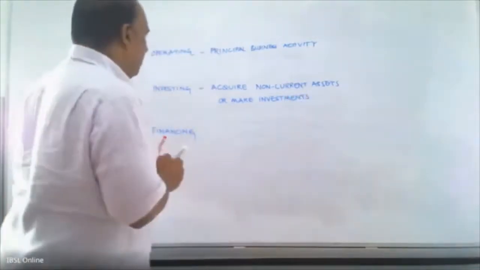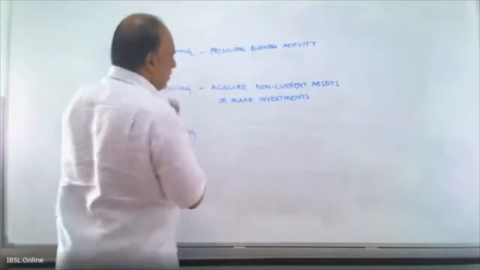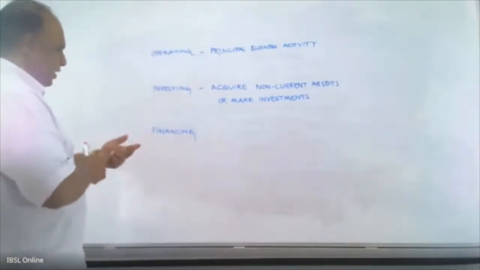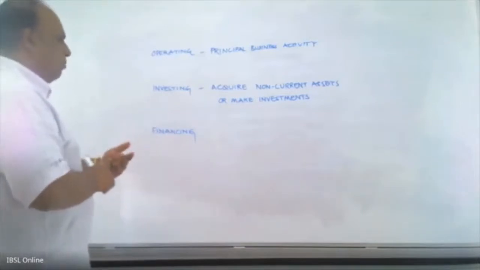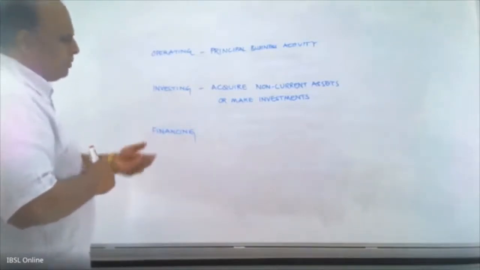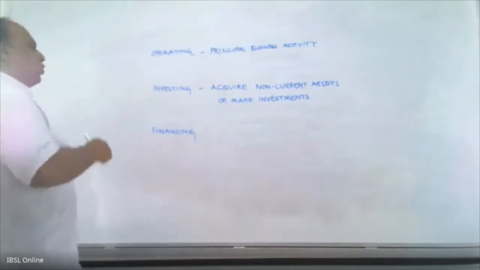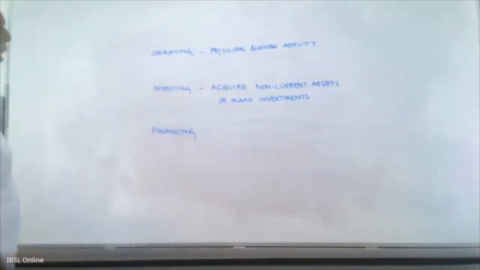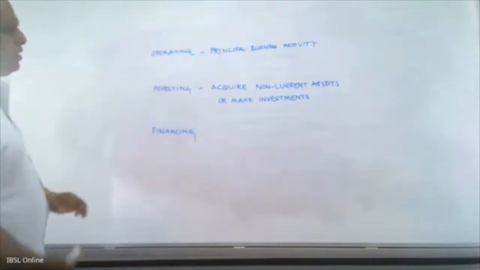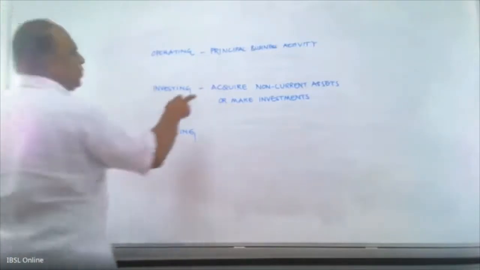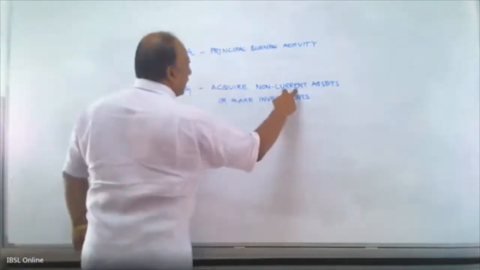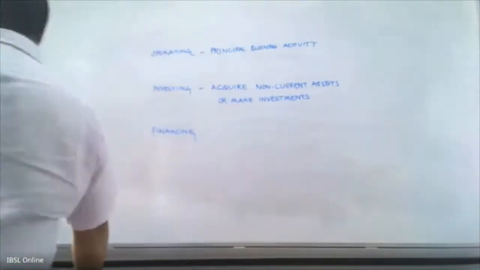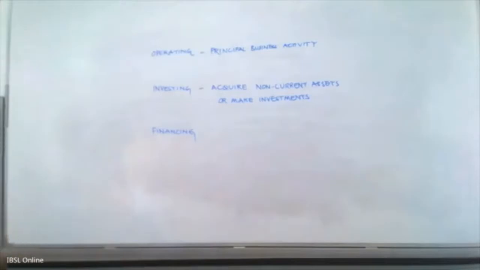Now you know, how do banks run their business? They purchase computers, they purchase furniture, tables and chairs. Then they also go and purchase buildings or rent out buildings. So there are a lot of investing activities that you do. How? You go and acquire non-current assets, which means property, plant and equipment, those kinds of things.